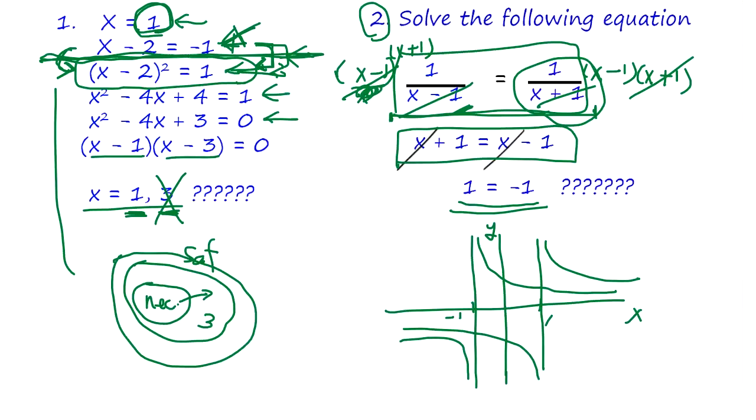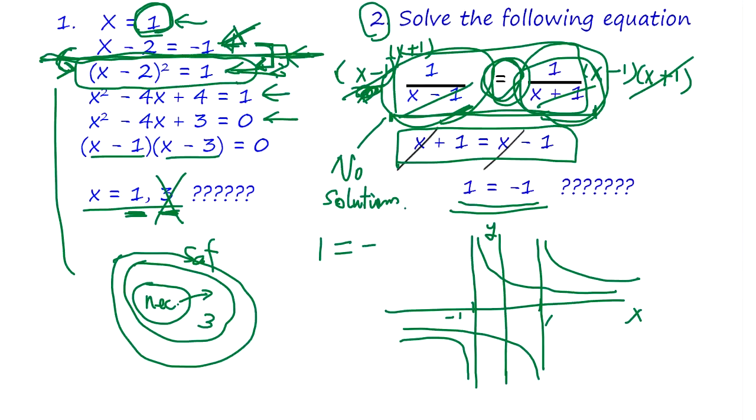Okay, so you know this guy and this guy never intersect. That means there's no solution. They cannot be equal, but you set them equal. It's like, hey, I'm gonna set this 1 equal to negative 1. That's what you did here. So you get this.